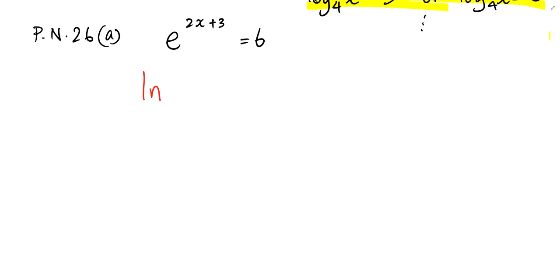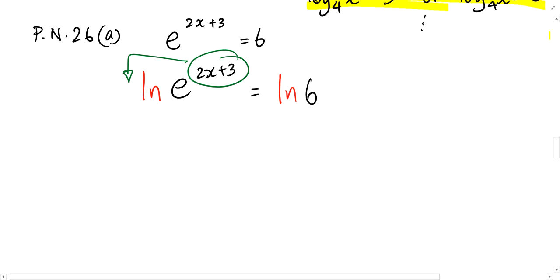Ln e to the power of 2x plus 3 equals to ln 6. Are you happy to see this? Yes. Why? Log e means log base e. This one can bring down, right? Yeah. Then this one becomes 1, right? Yeah. Then this one calculator, right? Yeah, that's it.